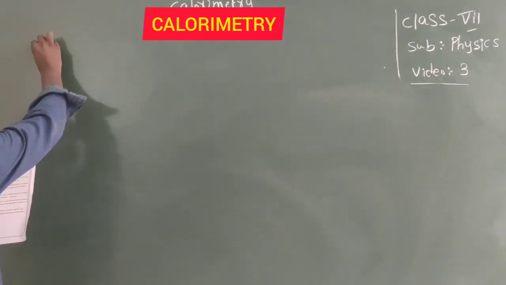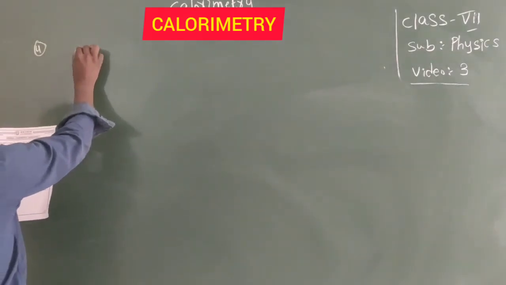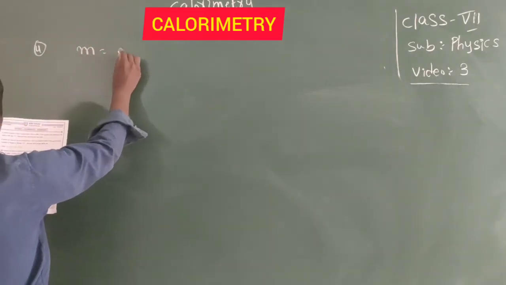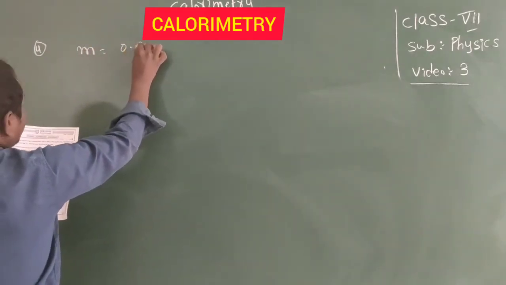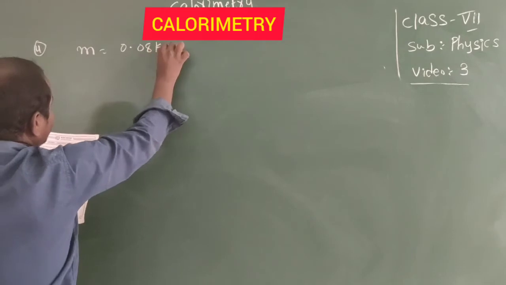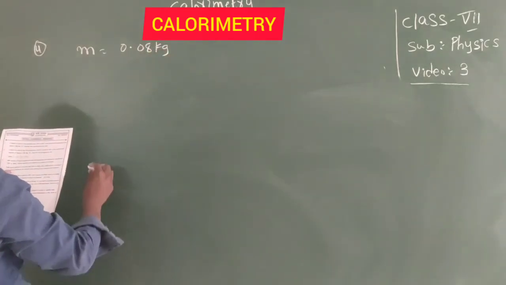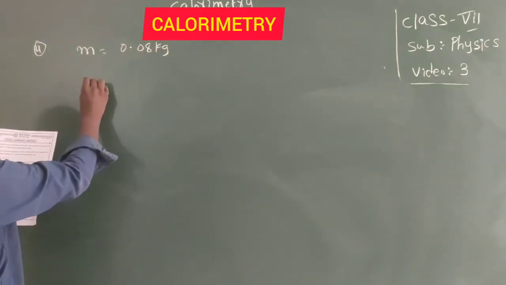So we write the given values. Here mass m equals 0.08 kg, and the rising temperature is given.